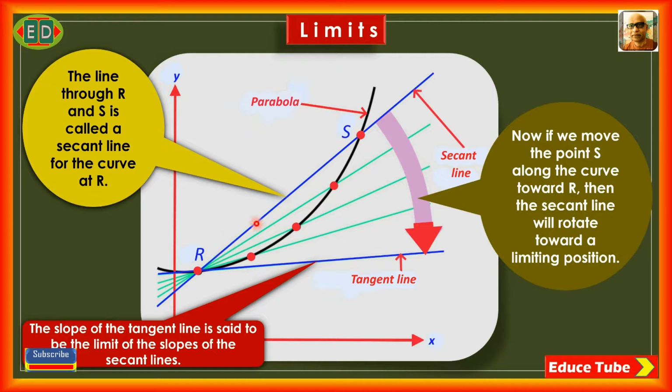Now if we move the point S along the curve, you see this point S, this second point is here, third point is here, fourth point is here, so it is moving along the curve.